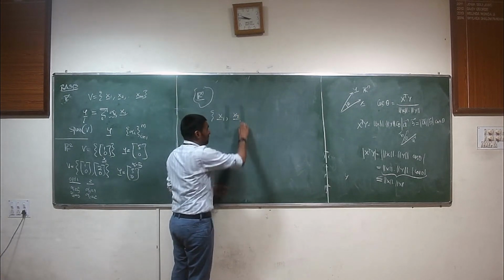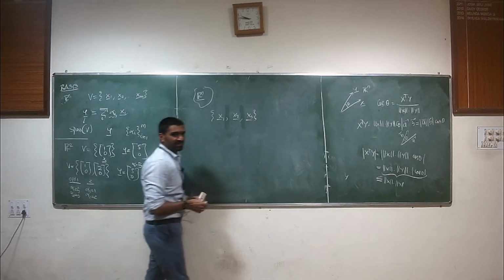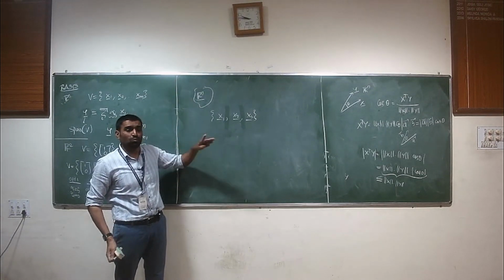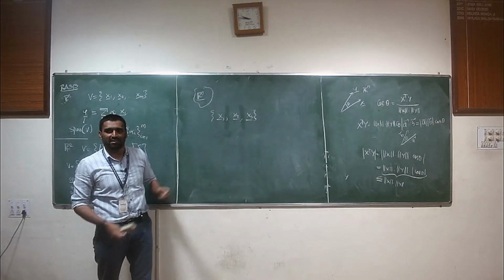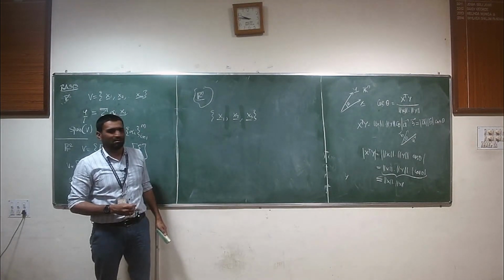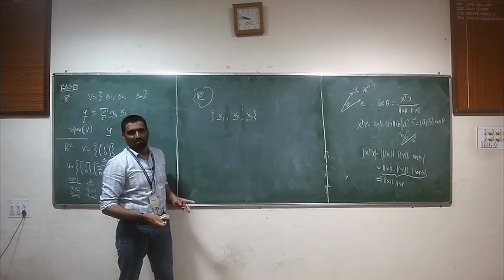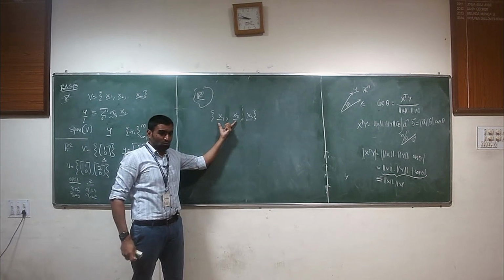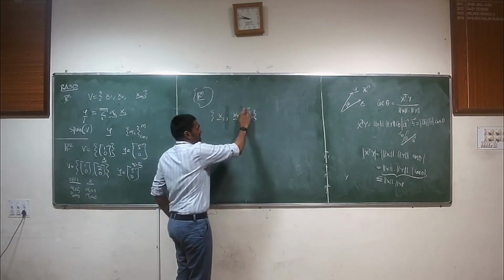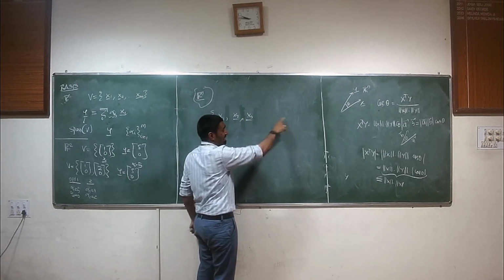Now I sample another one, and I ask you the same thing. Is this linearly independent? What is the condition for this new addition that you made? Same thing. As long as x3 is not in the span of these two, then you're fine. Now the question is, how long can I keep sampling?